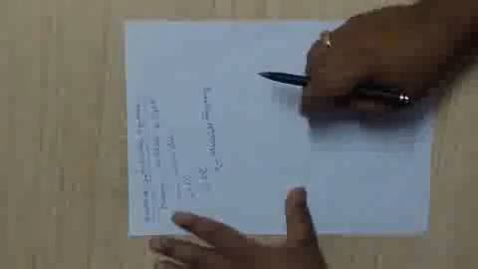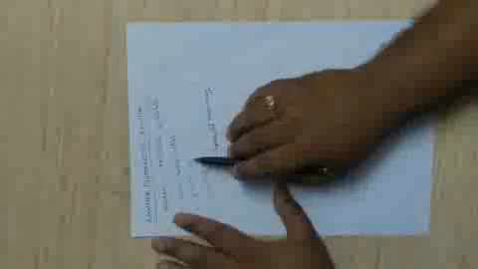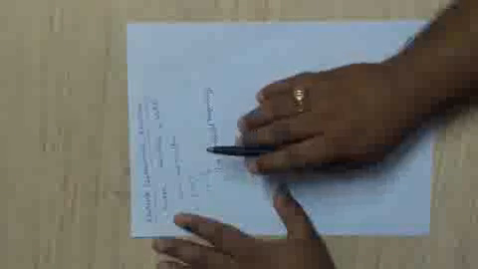Suppose W is equal to h nu naught, where nu naught is the threshold frequency. This is the minimum frequency which is required to break the bonds or make the electron free, so that the electron can come to the surface.